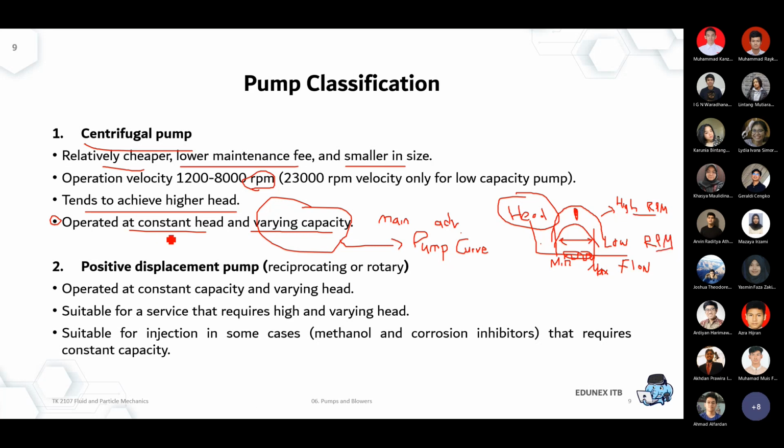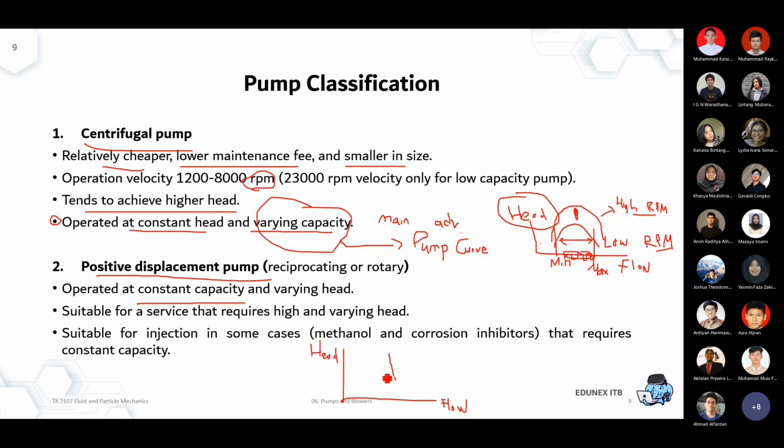So yeah, and that cannot be done in the positive displacement pump. Okay, it's very hard to achieve that flexibility using a positive displacement pump. Okay, so it's operated at constant capacity. So that means when we must operate with a PD pump, positive displacement pump, probably we're working almost like a line.